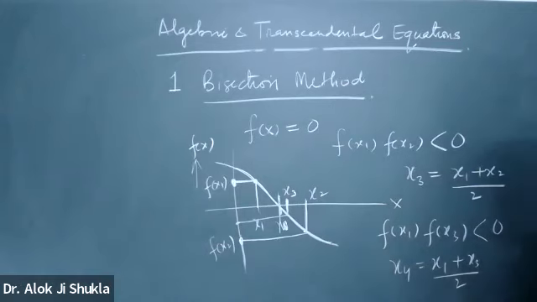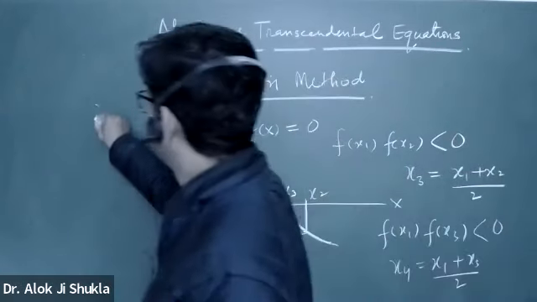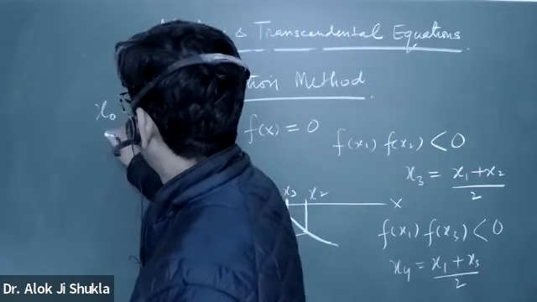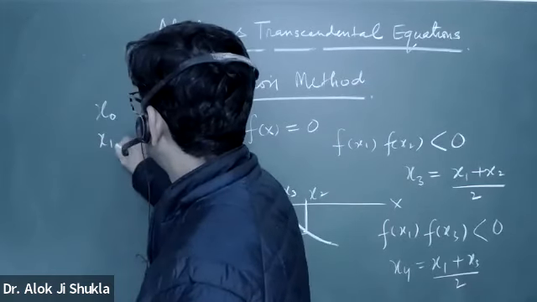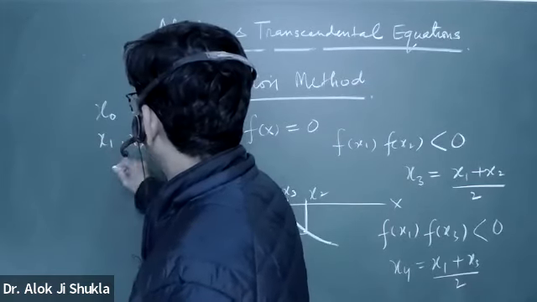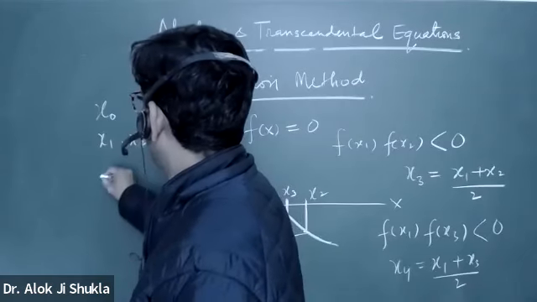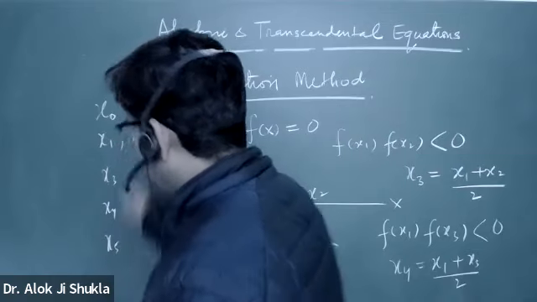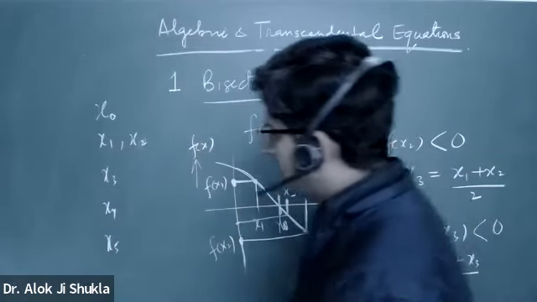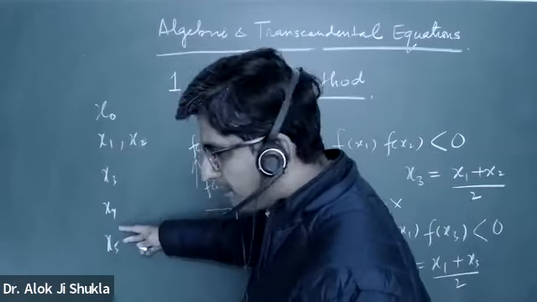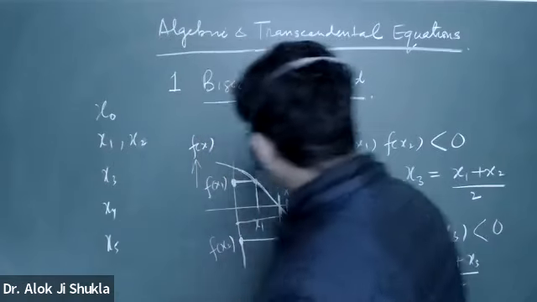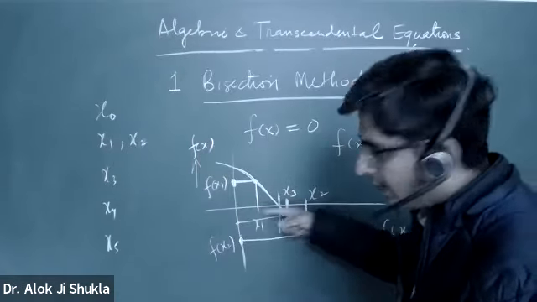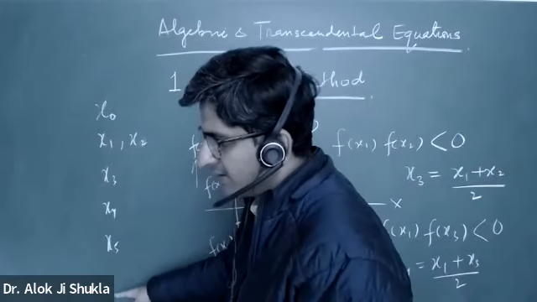And like you start getting the values x0, then you take x1, x2, then suppose you get x3, x4, x5, like that you start getting the points. So you keep checking whether this is stopping changing or not. Like if you are coming closer and closer to a point, these points will stop changing.